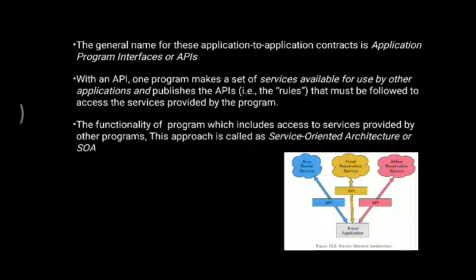The general name for these application-to-application contracts is Application Programming Interface, or APIs. With an API, one program makes a set of services available for use by other applications and publishes the APIs that must be followed to access the services provided by the program.